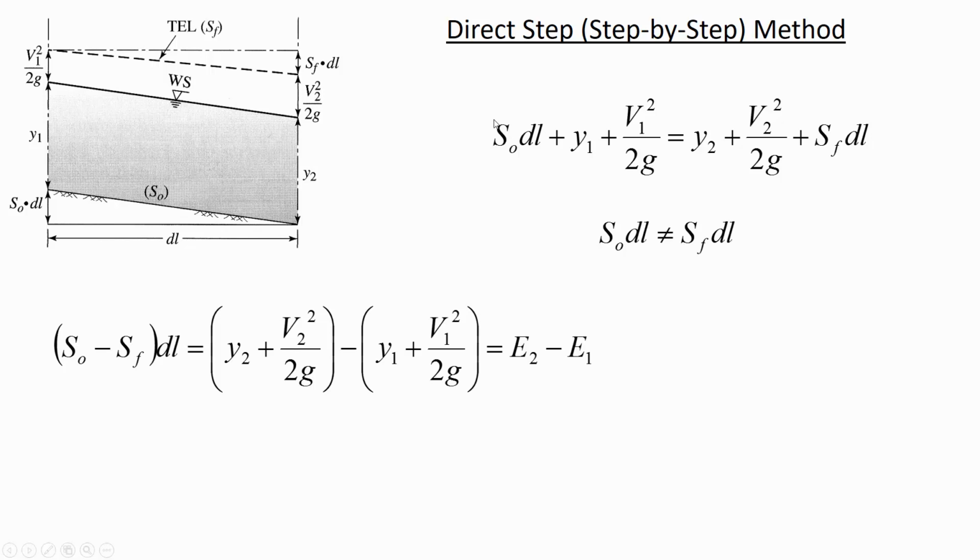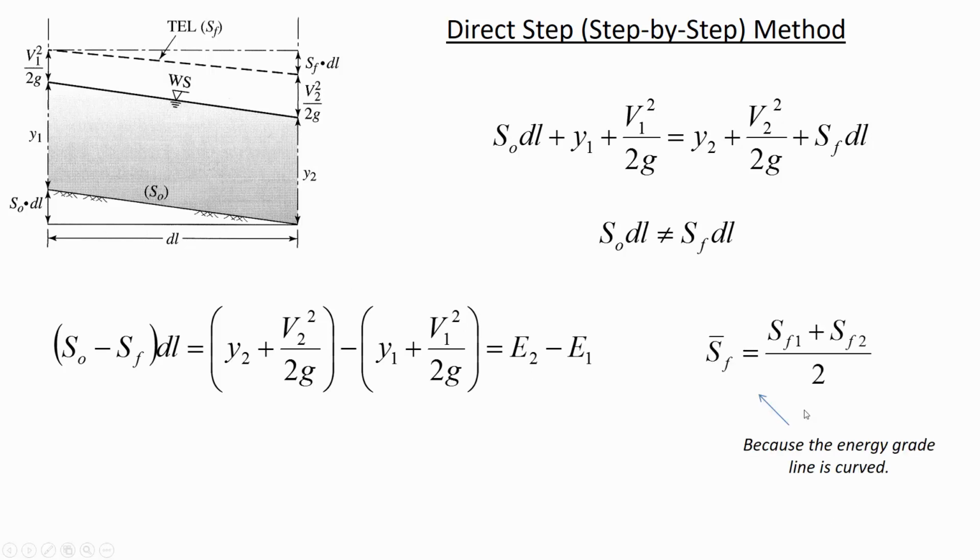So let's rearrange this equation. If we rearrange this original energy equation, we can isolate the difference in the slopes and multiply it by the segment length. And then that is essentially the difference in the energy at 2 compared to the energy at 1.